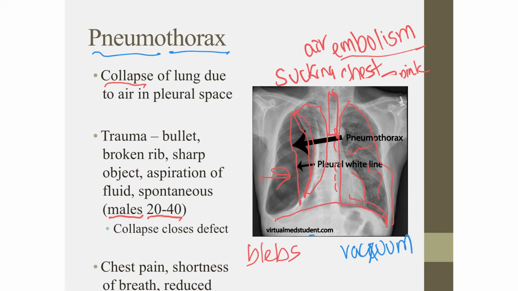We also see that relatively the diaphragm is located in the correct location. So in pneumothorax, we would see generally the mediastinum is in the place where it's supposed to be, the trachea has not shifted, and the diaphragm is relatively in its position too.